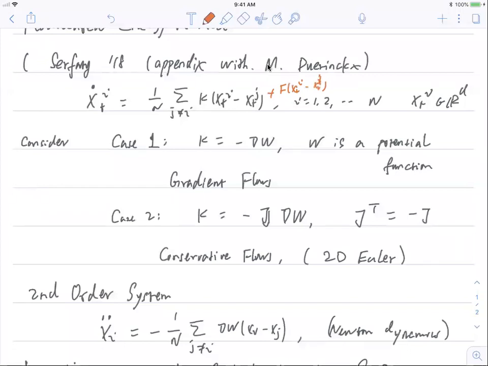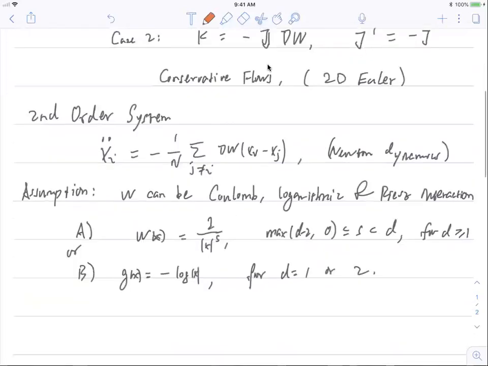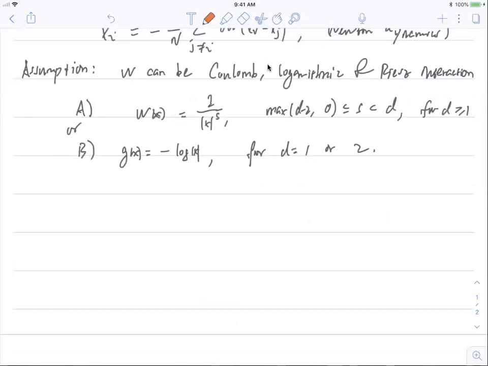So this is a singular kernel, like a Riesz type kernel or a Coulomb type kernel, and you can add a regular perturbation here.